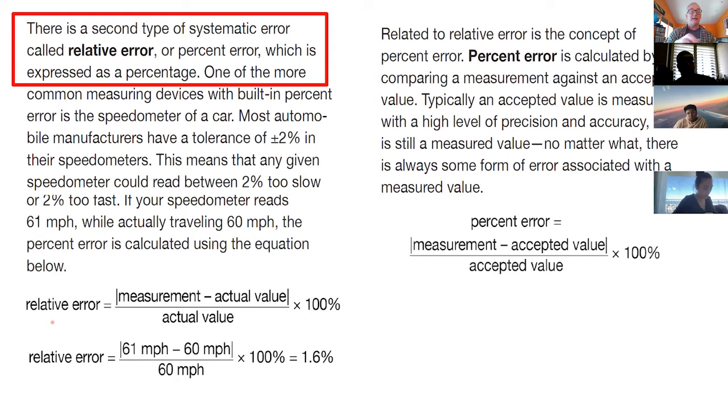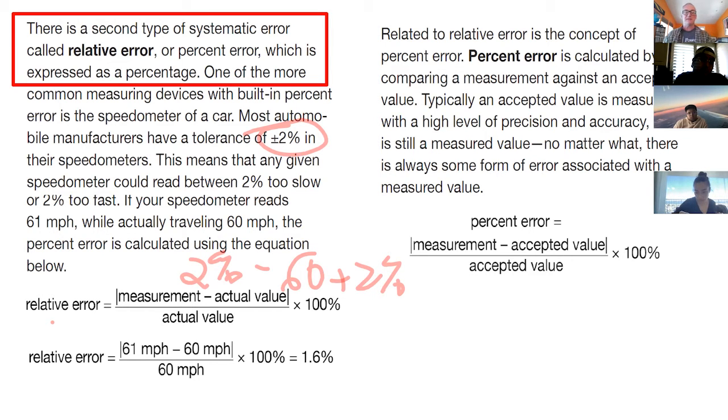And so usually it has what's called a tolerance of plus or minus 2%. So if you're driving at 60 miles an hour, it's going to be somewhere in that region of 60 plus 2% of 60 or minus 2% of 60.